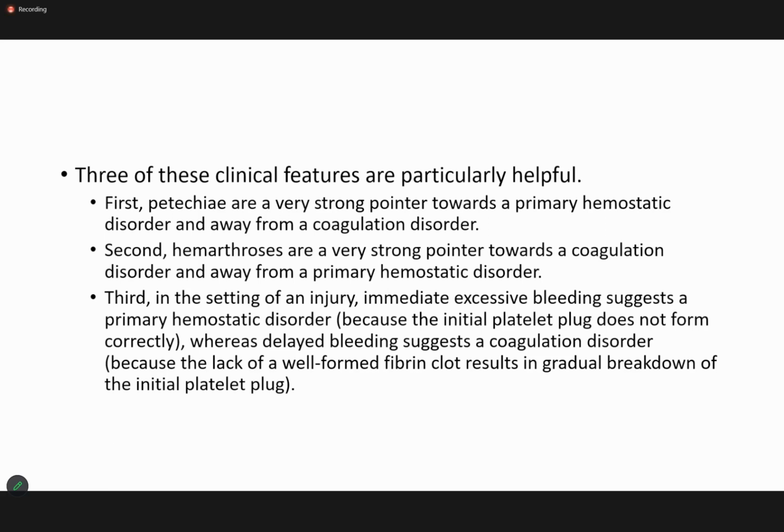In the setting of injury or trauma, if a patient comes with immediate excessive bleeding, it suggests a primary hemostatic disorder, because the initial plug does not form correctly. They are unable to form the soft plug. Delayed bleeding suggests a coagulation disorder, due to lack of a well-formed fibrin clot, which results in gradual breakdown of the initial platelet plug.